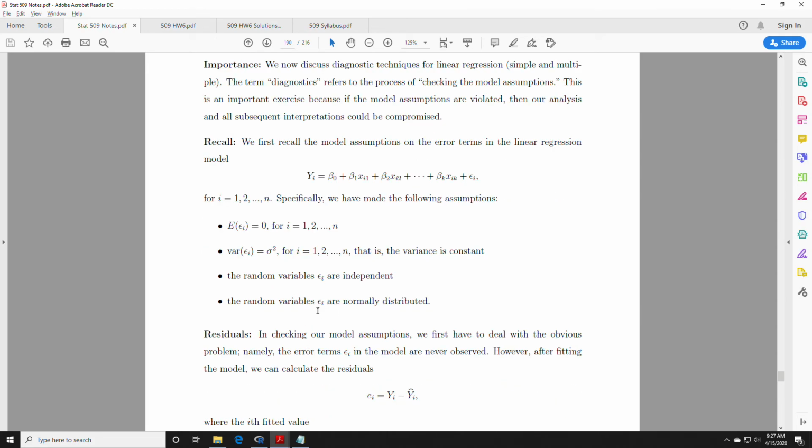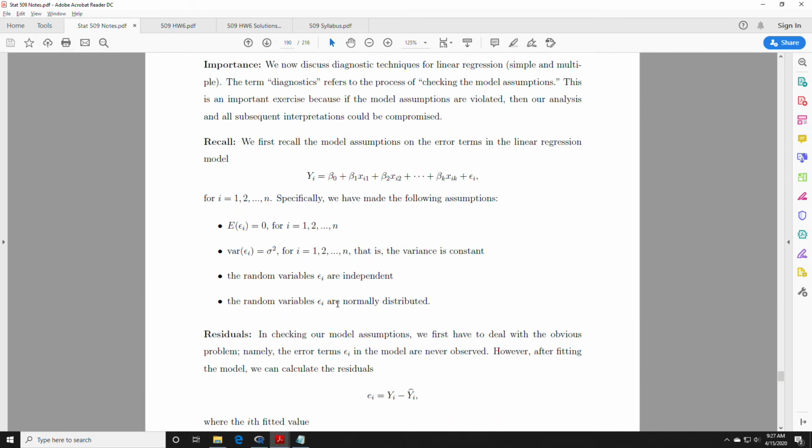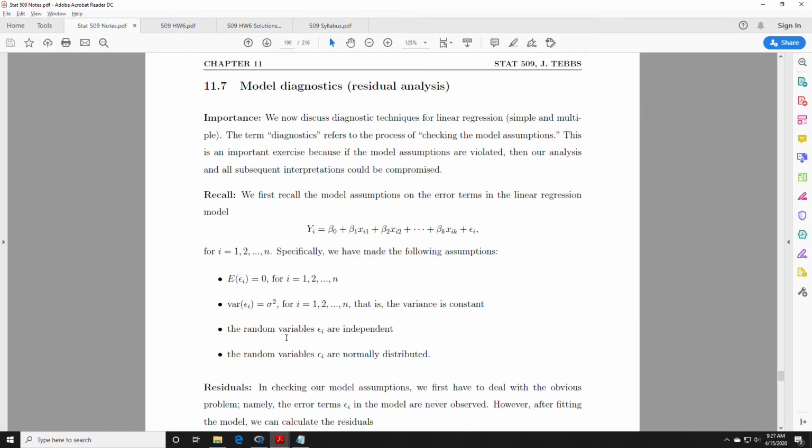And that can basically be summarized, it was in homework 5, that the epsilons are independent and identically distributed normal distributions with zero mean and the same variance.